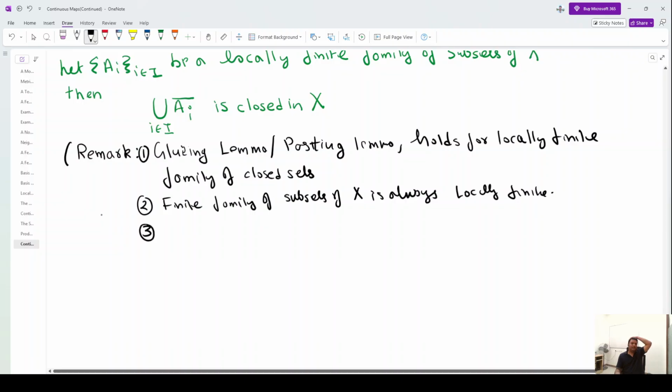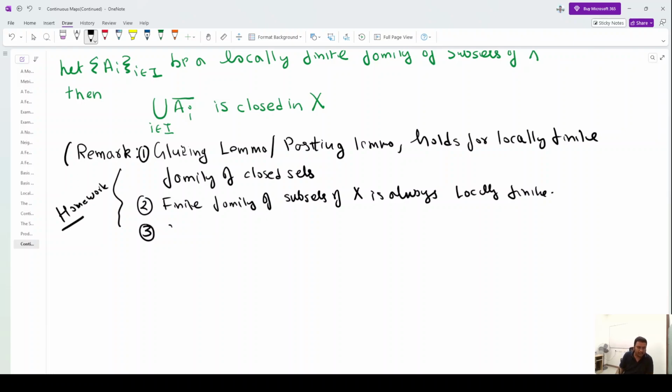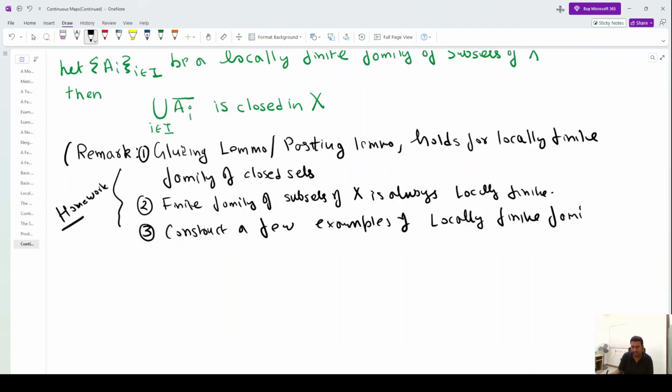So another homework. So these all are homework. Construct a few examples of locally finite families.